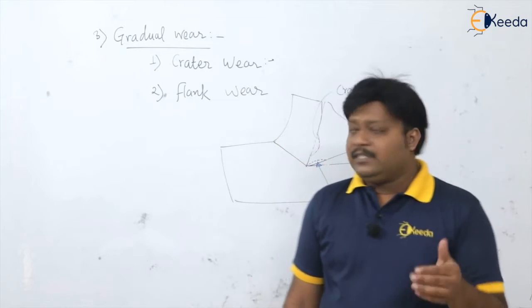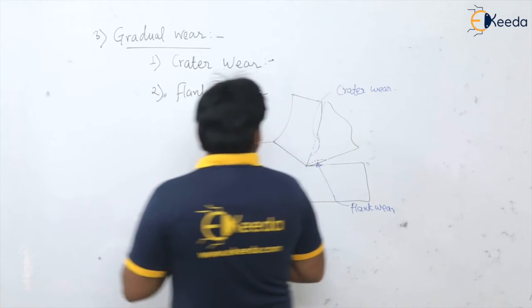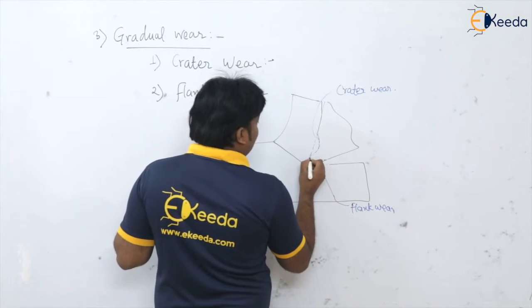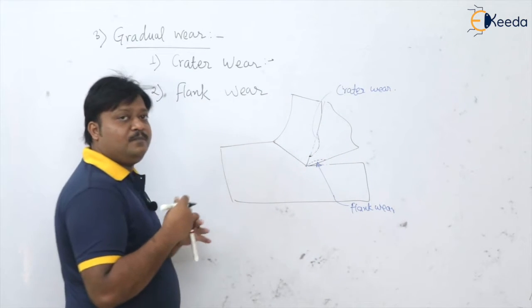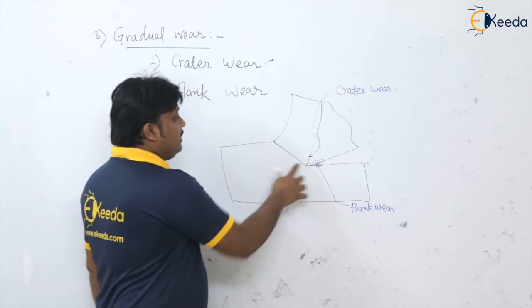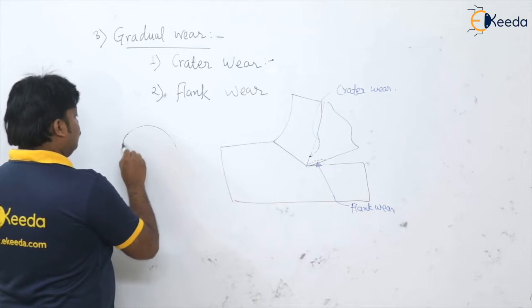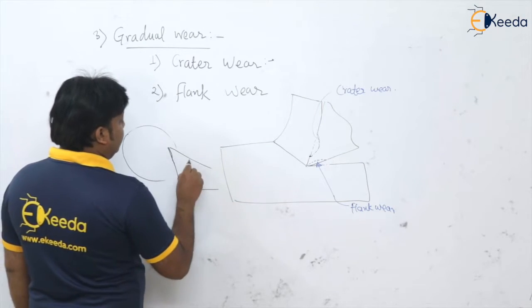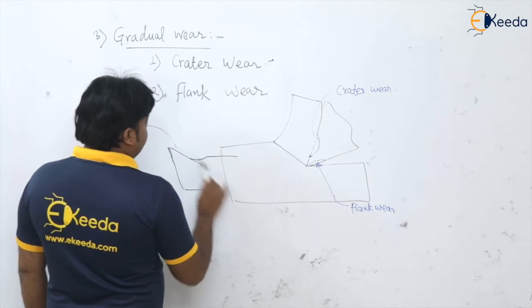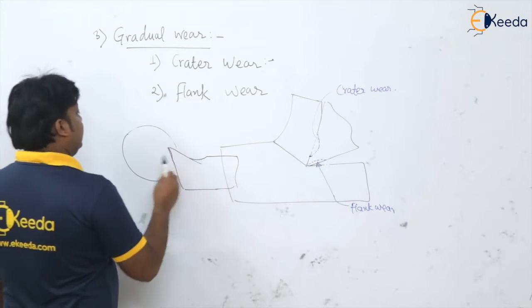Now see, another important thing. I told you that this crater wear will start from a certain distance from the tip of the tool. So what happens is, when the force is applied by the tip of the tool into the layer of the material, an upward force is acting on the layer of the material.